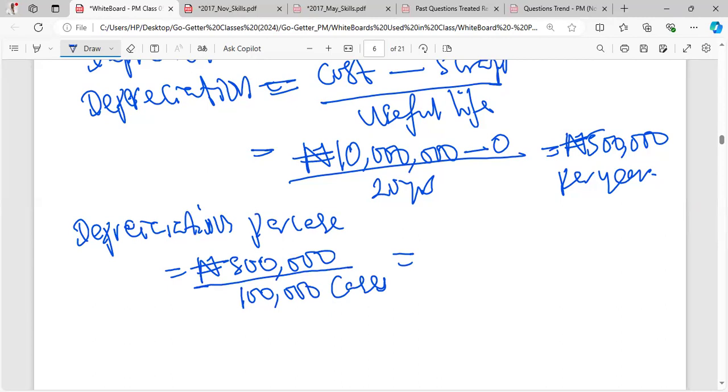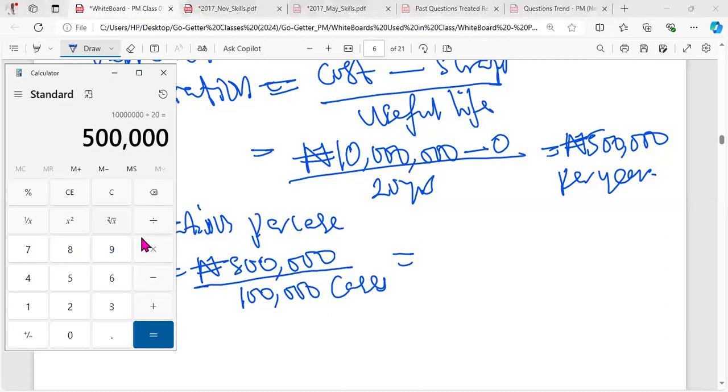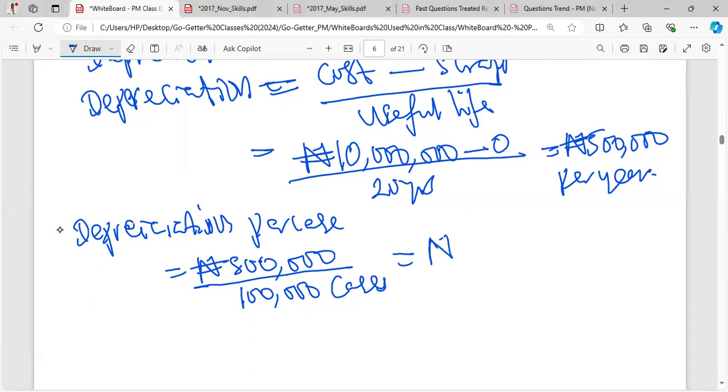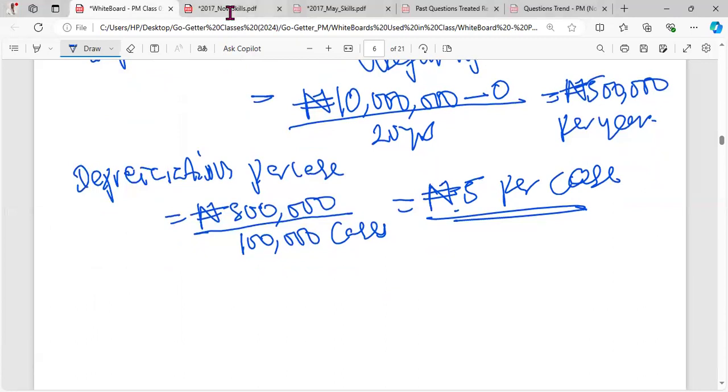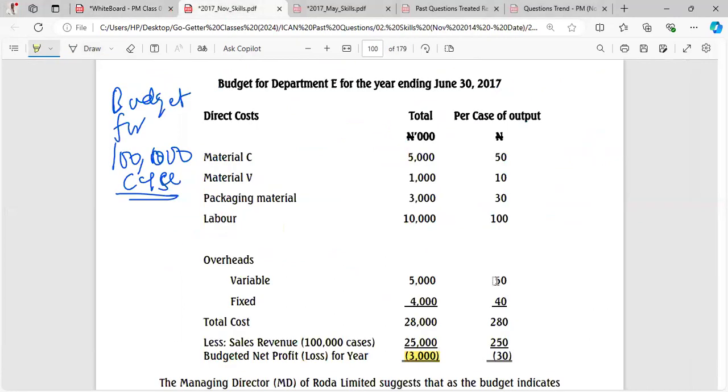So you now have 500 divided by 100,000, which is 5 naira per case. This is 5 naira per case. That's the first half.